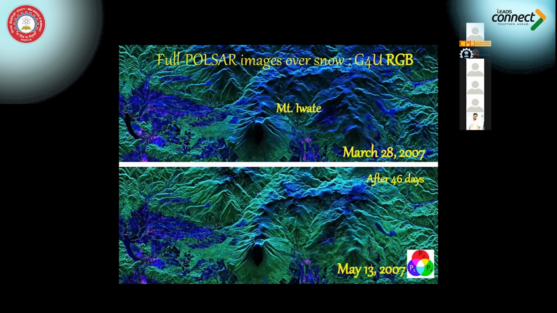Another condition, you can also look at the changes of the snow. Suppose you have the snow covered area, and after some days warming occurs, or a higher temperature, so it will melt, and you can see a significant reduction of the snow.